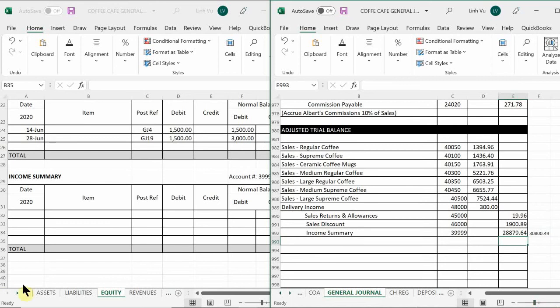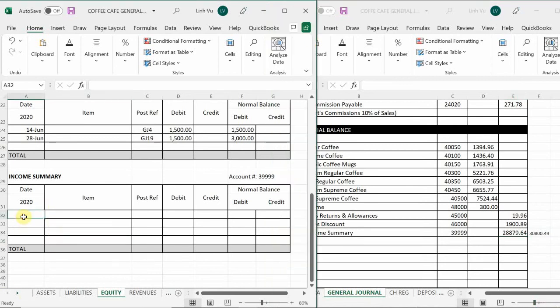So plug that number into your income summary. Okay, close revenues, general journal 24, and we're going to credit the account for the 28879.64.